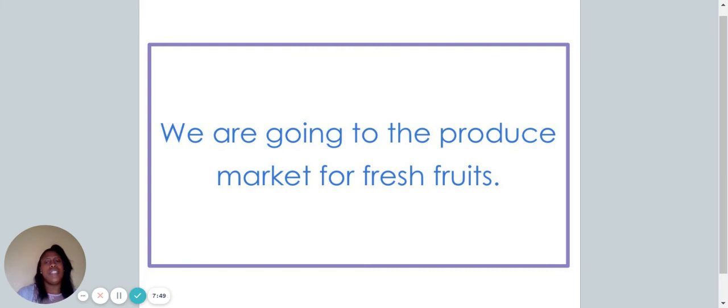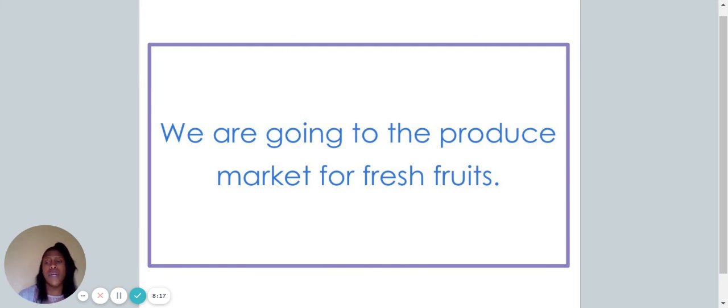Let's move on to our next sentence. We are going to the produce market for fresh fruits. I'll read the sentence to you again. Remember, your job is to listen out for the word with the R-controlled vowel syllable. We are going to the produce market for fresh fruits.